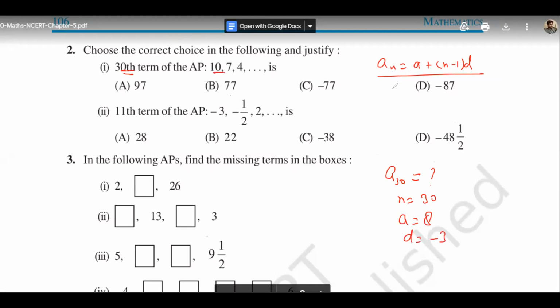Put this in this formula and calculate the value. A is 10, right, sir? Yes, A is 10. Okay. Sorry, why did I write 8 here? A is 10 here. Okay.